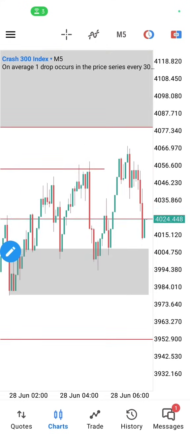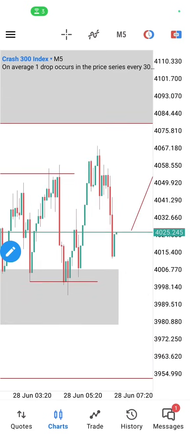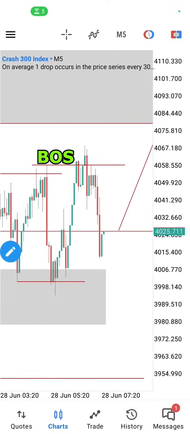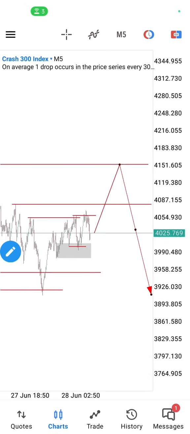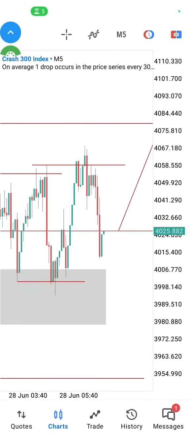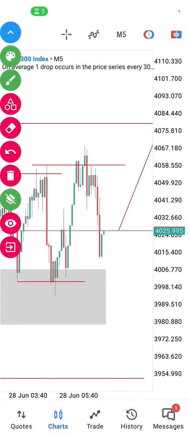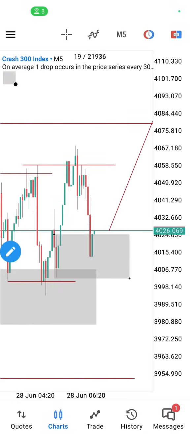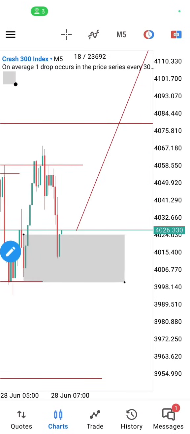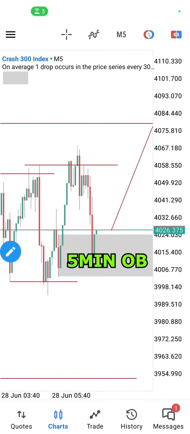Currently it wiped when it was inside the 15-minute order block, and it went up above to break structure. When it returns back to an order block, and you zoom into the 5-minute chart, we can see that it's respecting the 5-minute order block right now.